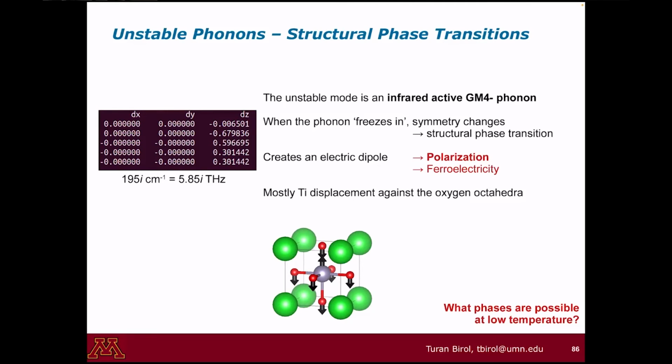And also experimentally, if you have a friend or a colleague who is going to do X-ray diffraction in barium titanate at low temperature to figure out what the crystal structure is, they would really like it if you give them some possibilities of structures, so that when they do their Rietveld refinement or whatever other method they use to get the crystal structure from the X-ray diffraction data, they have some guidance.